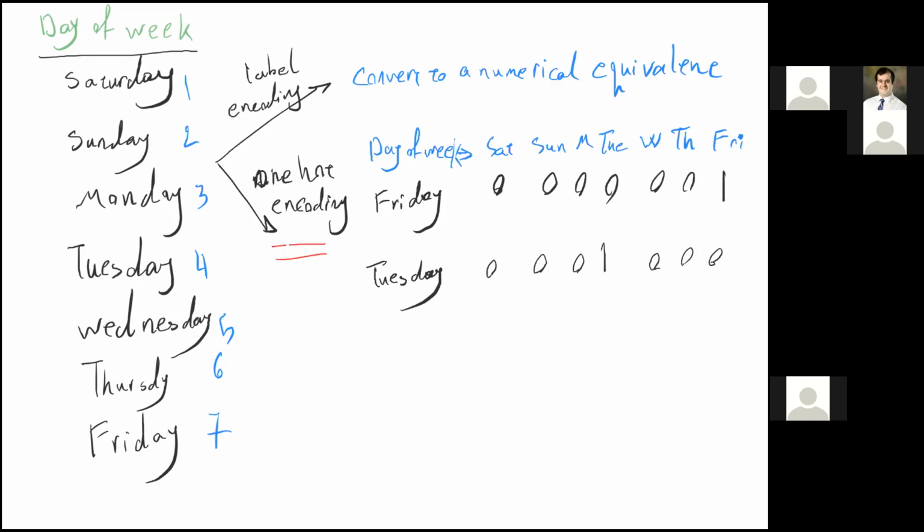When you have too many categories, like US states and other regions, let's say together we have 50, when you do one hot encoding, you make 50 new variables: Alabama, Arizona, California, up to Washington, and they would be either 0 or 1.